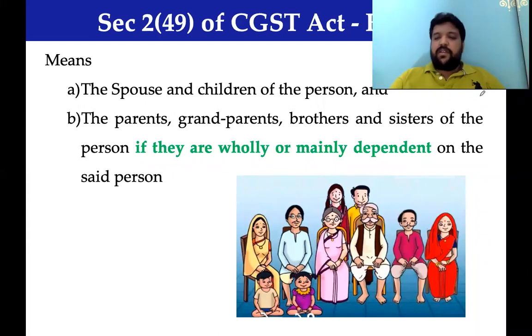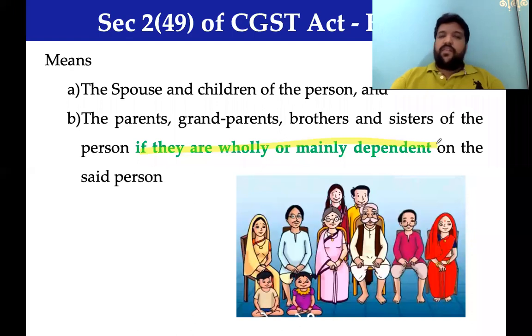Family means spouse, children, parents, grandparents, brothers and sisters, if they are wholly or mainly dependent on the said person. If they are wholly or mainly dependent on the said person, then yes, it would be treated as family.